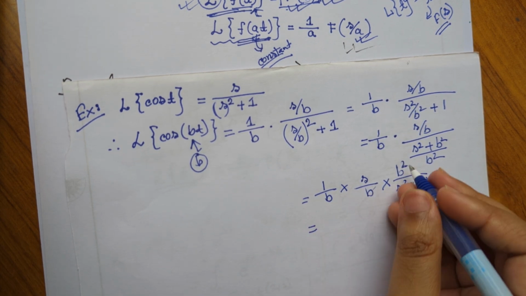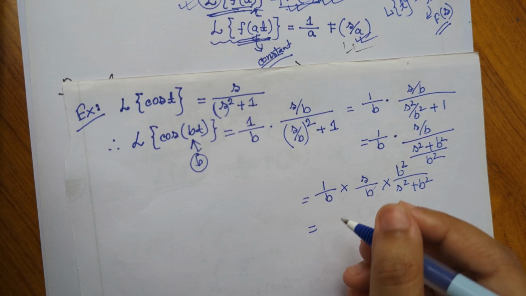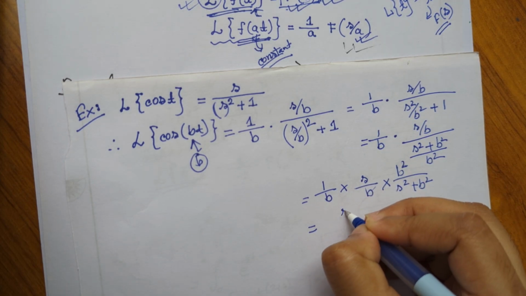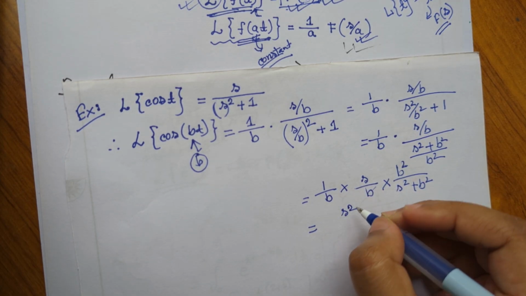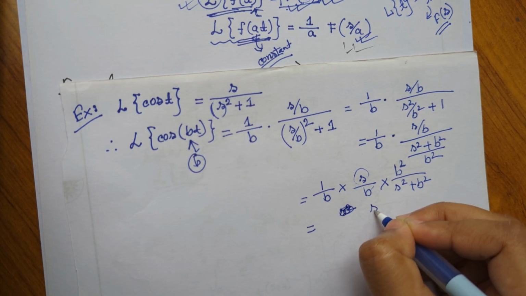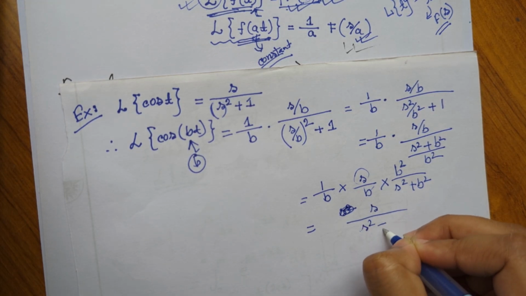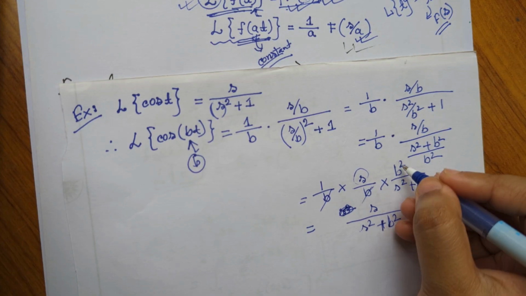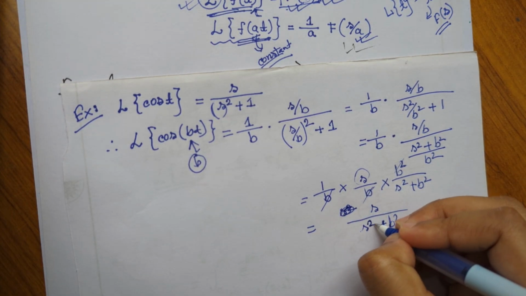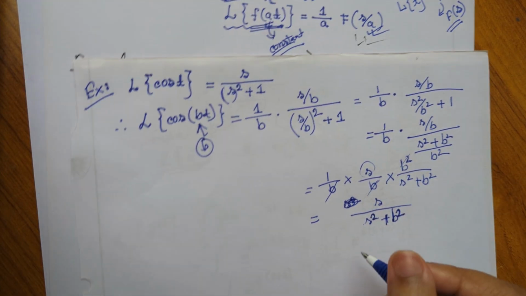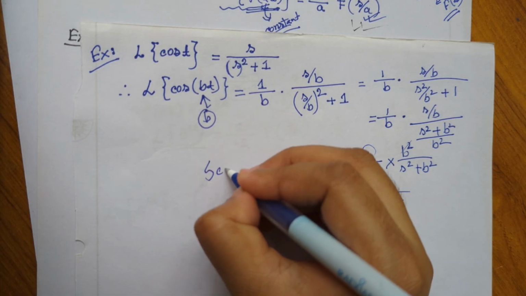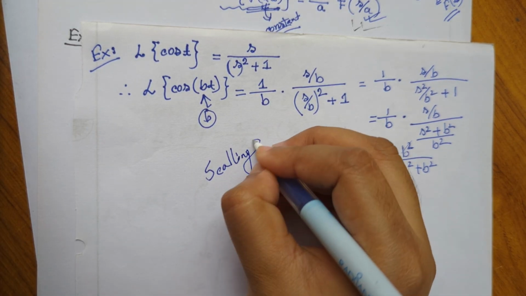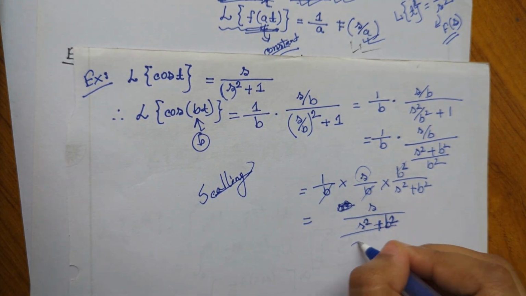So this b and b square will be cancelled out, and our final result will be, sorry, here remains just s divided by s square plus b square. This is how we can use our scaling property. I hope you understand.